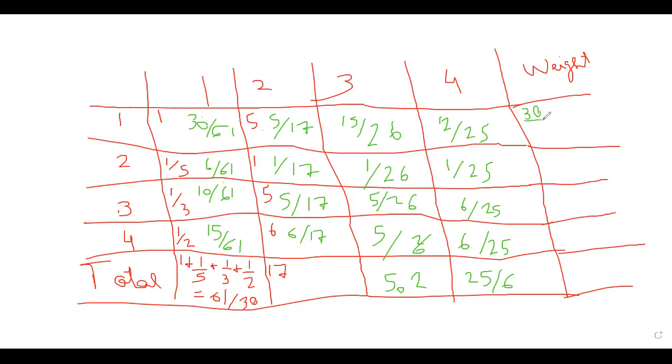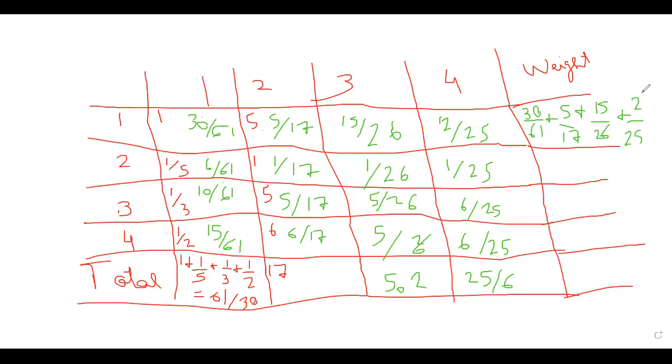So I do 30 over 61 plus 5 over 17 plus 15 over 26 plus 2 over 25, and I just then divide by 4.